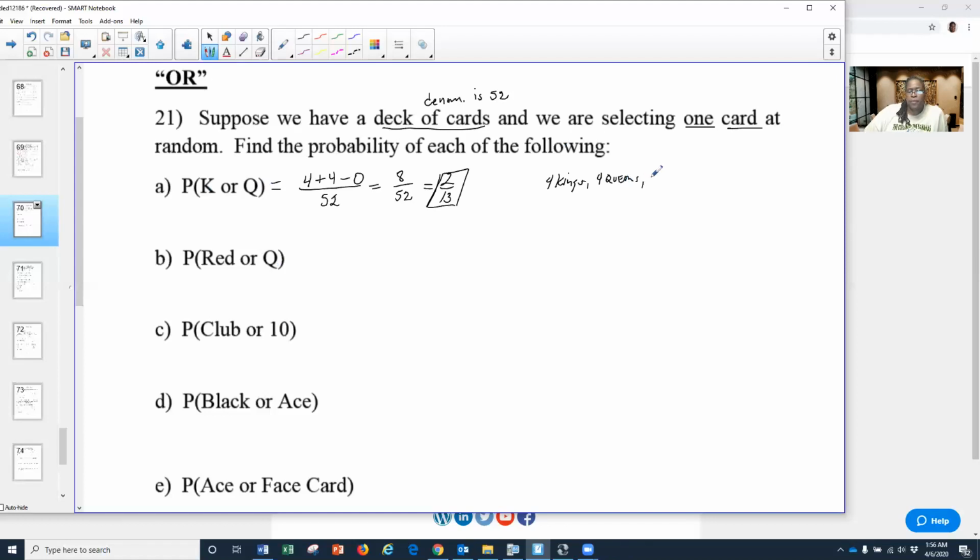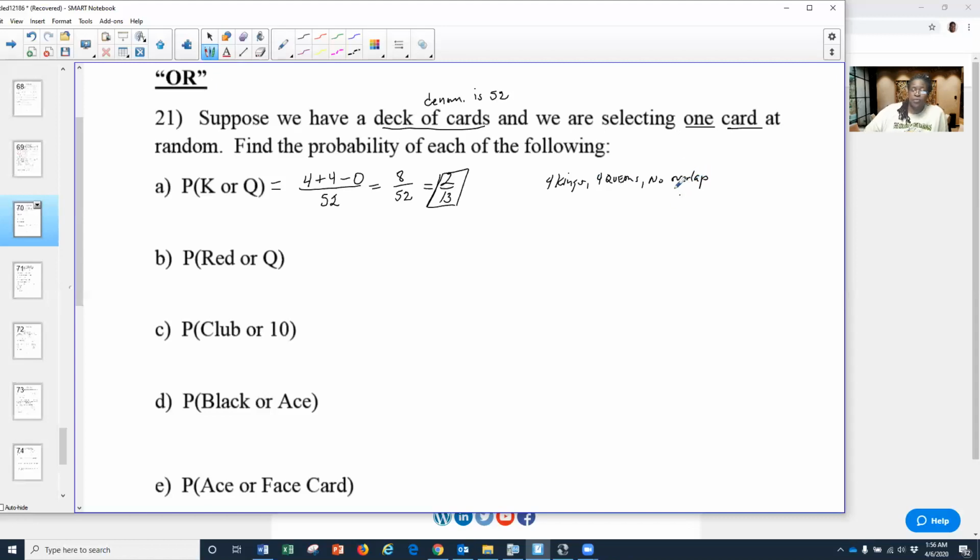Nope. So no overlap. So you're going to have your probability of your first thing, probability of your second thing, and then the probability of the overlap, right?